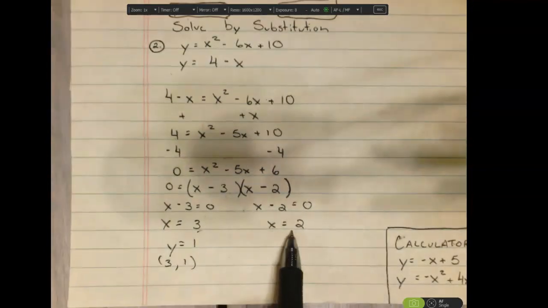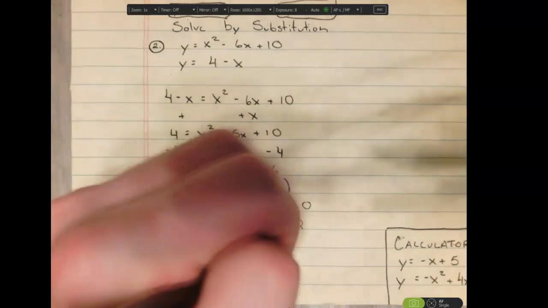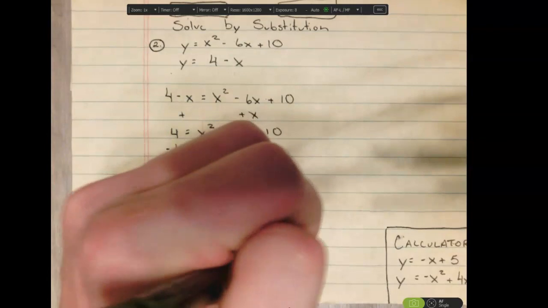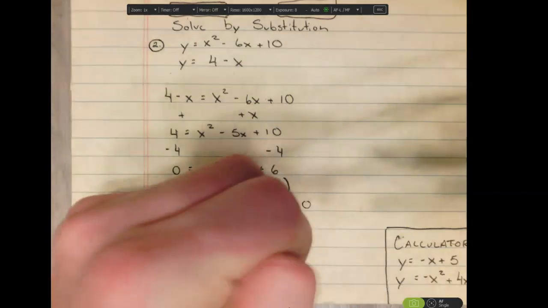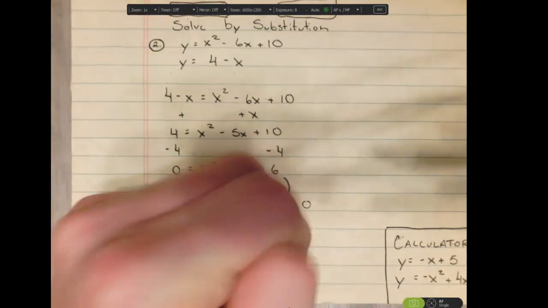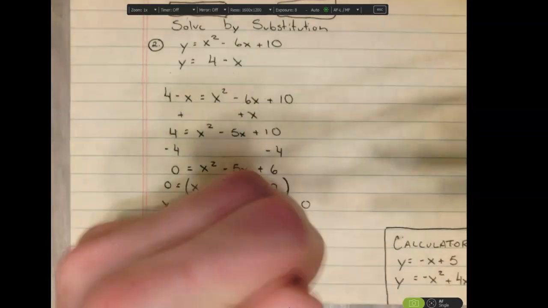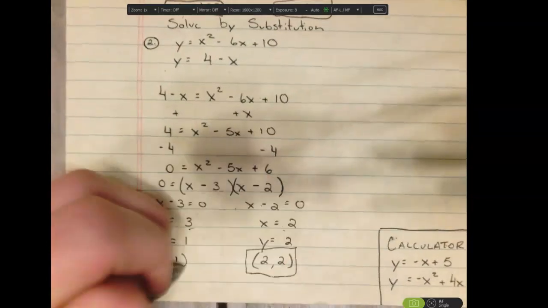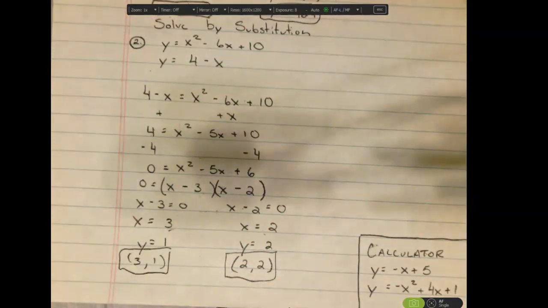Next up, I have a 2, so I'm going to plug a 2 in for x. 4 minus 2, I know what that is. 4 minus 2 is 2, so I know that my next ordered pair is going to be x equals 2, y equals 2. That creates the ordered pair 2, 2. And there you have it, guys. Those are going to be the two solutions for this system of equations.